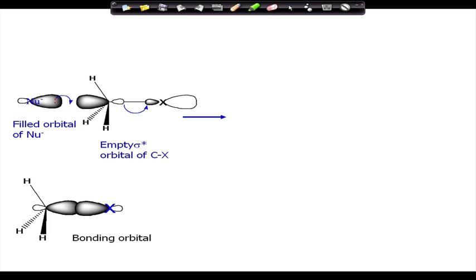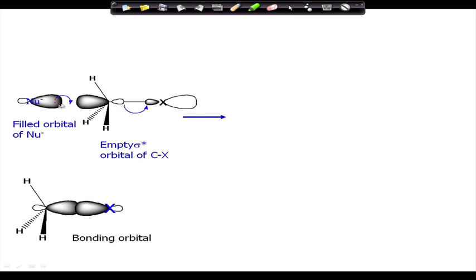So, what is the stereoelectronic requirement of an SN2 reaction? That the nucleophile should approach opposite to the CX bond and along the CX bond. Okay. Opposite to the CX bond, that is true, and it should be along that CX bond axis. The approach should be along the CX bond axis.